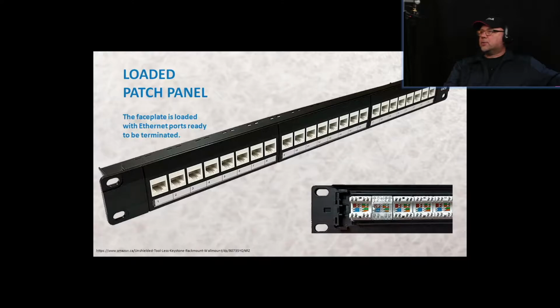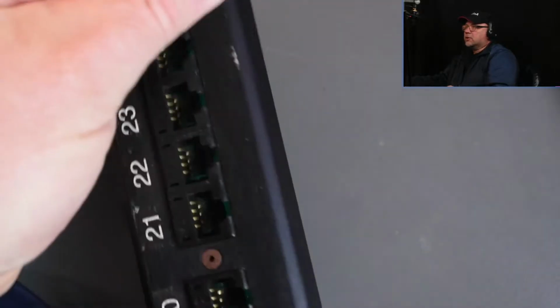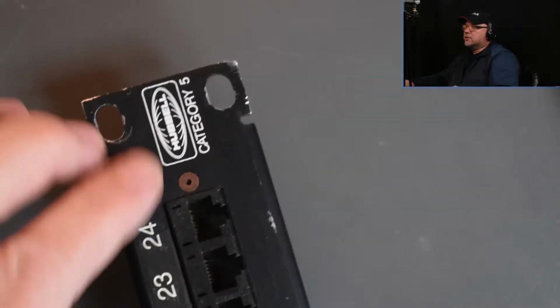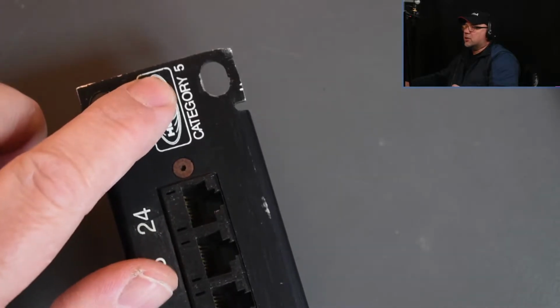Okay, and this is what it looks like on the other side. So here is an example of a loaded patch panel, because it has a faceplate. And well, this is not even Cat 5e, it's Cat 5, so that's an old one.